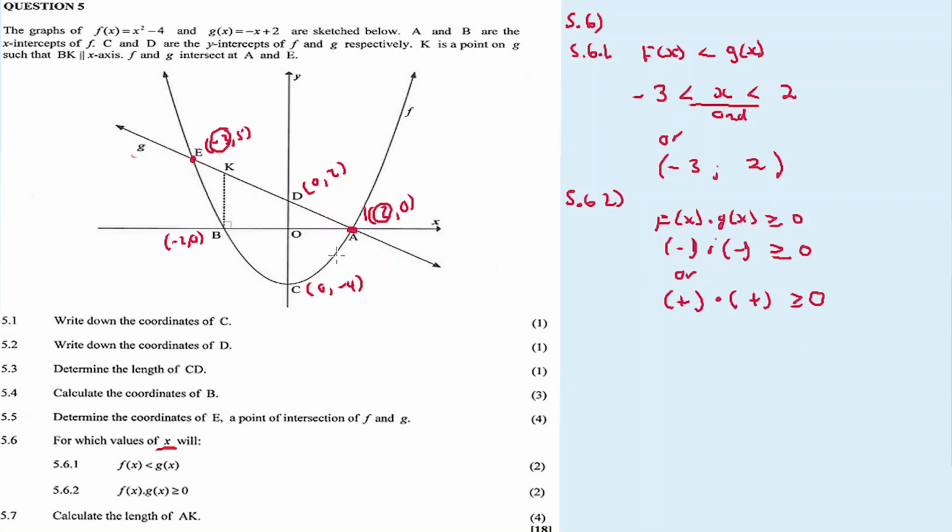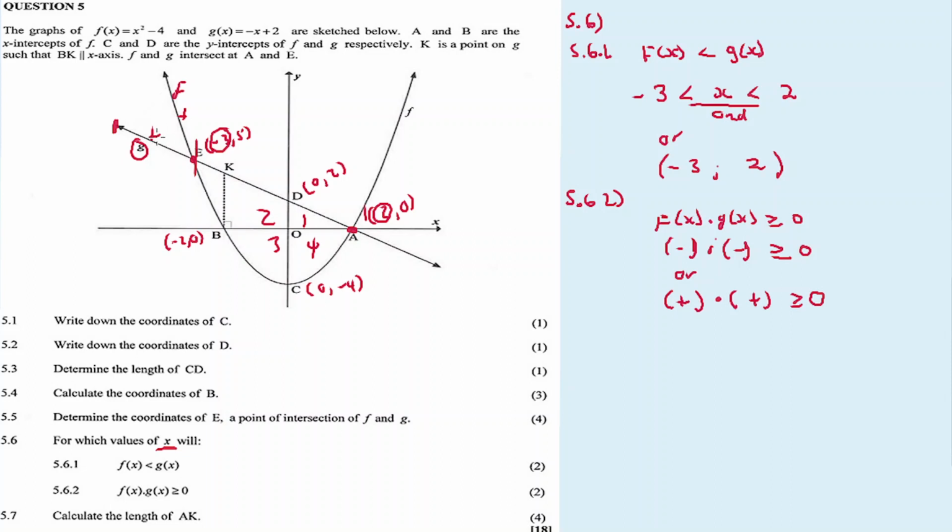Look here. On the second quadrant, starting from here, going into point E, my graphs G and F, both G and F are both positive.